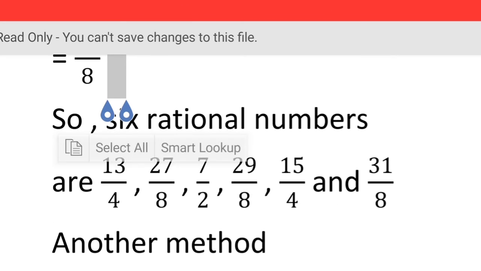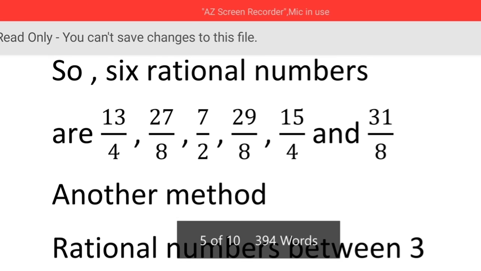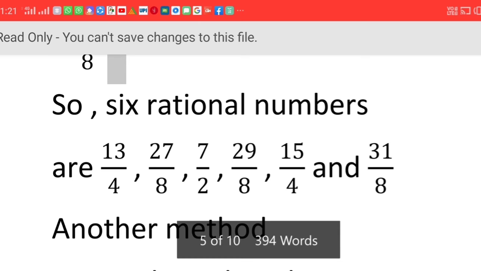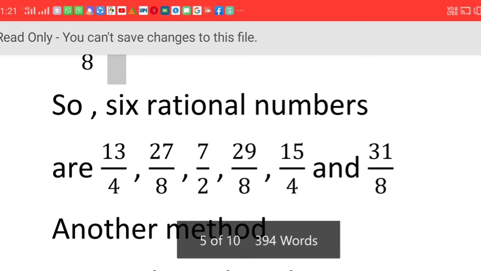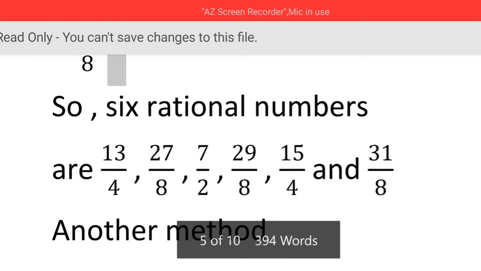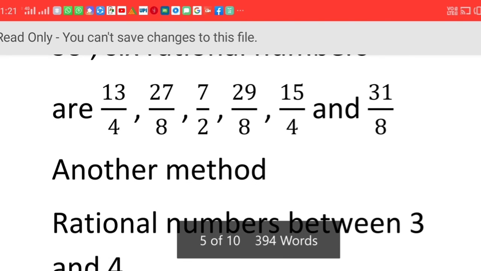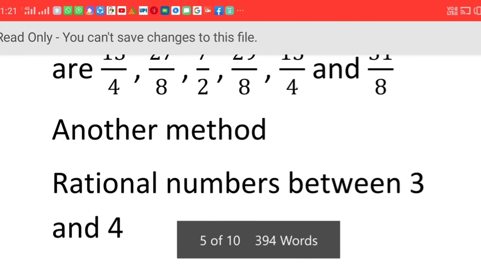We find out 13 by 4, 27 by 8, 7 by 2, 29 by 8, 15 by 4 and 31 by 8. We are using another method to find out the rational numbers between 3 and 4. It's very easy only.